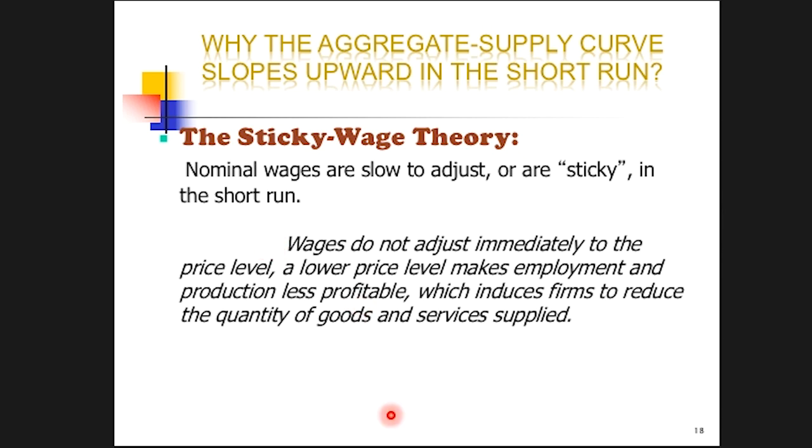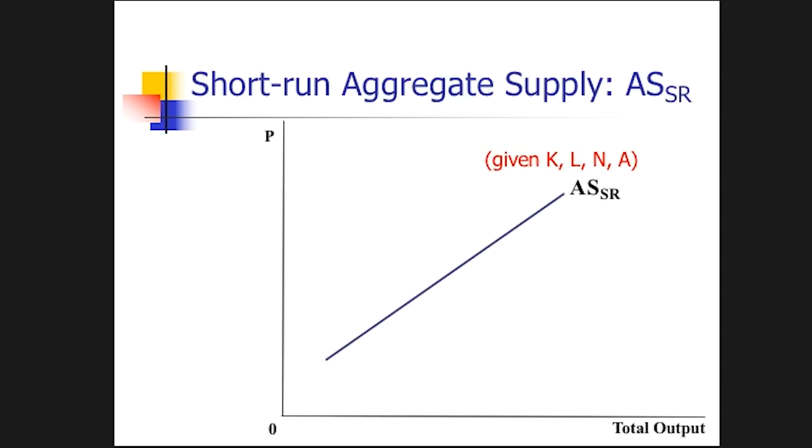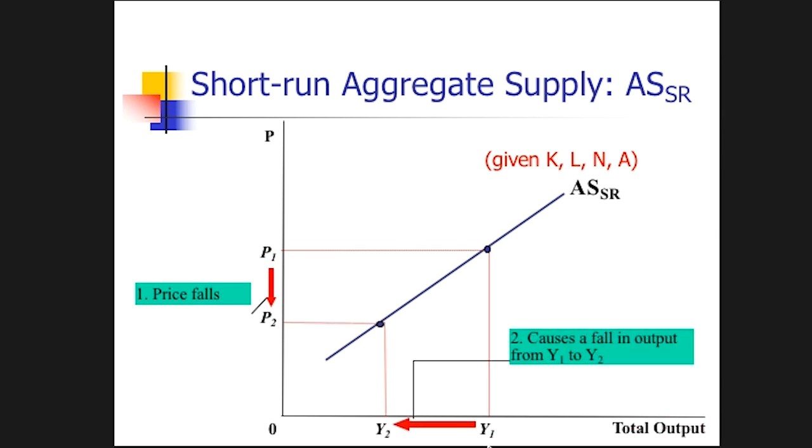And a lower price will make employment and production less profitable, so firms will reduce production. Because of this, with the lower price, output is reduced, and we have a positive relation between the price and supply. The short-run supply curve is upward sloping.